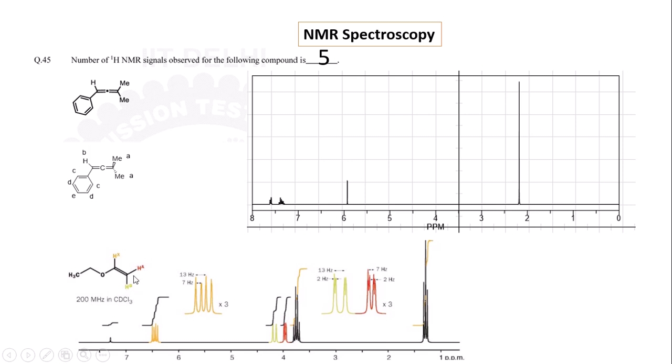Here HA is on the same side as HX, but HB is on the opposite side from HX. So the environment of HA is not the same as the environment of HB, and they appear as a doublet and doublet. Next, these black protons, that is the ethyl group, are present here and here. So this compound has 1, 2, 3, 4, 5 signals, and these are diastereotopic protons giving different signals.